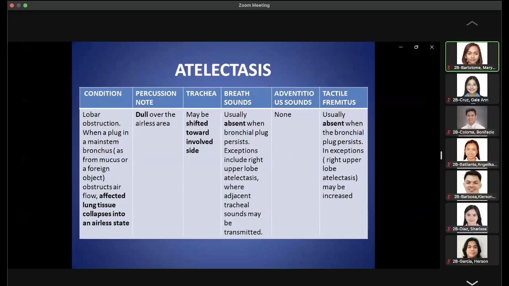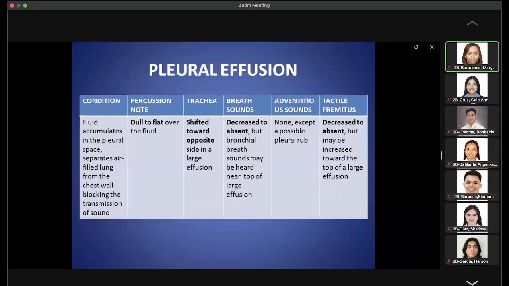Percussion on that location is dull. The trachea may be shifted toward the involved side. On the affected side, there is no breath sound or usually absent, and of course, absent tactile fremitus. What about in pleural effusion?